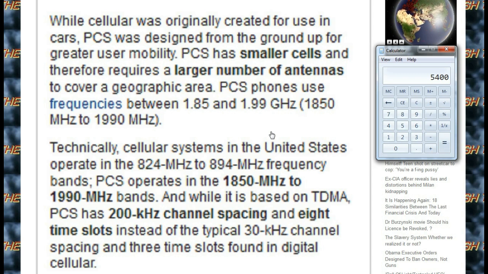Now, anything above, I think it's 11. I'd have to look it up. I don't really remember right offhand. But I know that it goes even further down lower than the 1.85. It goes down lower for microwave. And it might even go down to 900 megahertz.